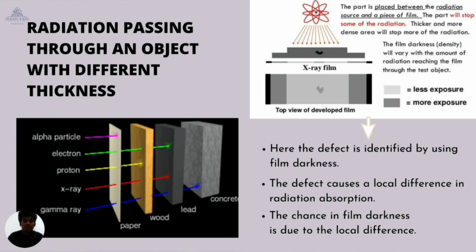In this case, the defect will be identified by using the film darkness. The film darkness is created only because there is a local difference in the radiation absorption. So we can understand that the film darkness is due to the local difference.